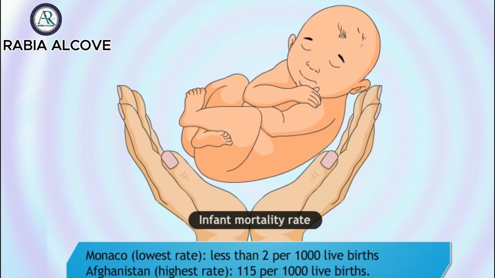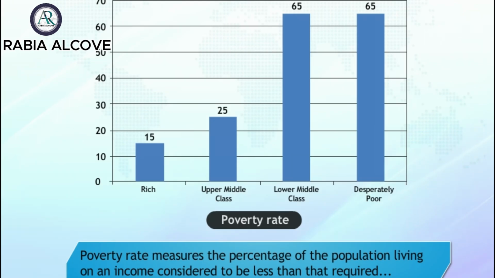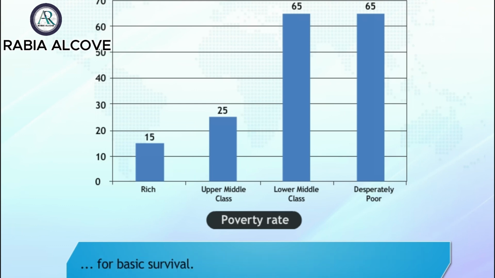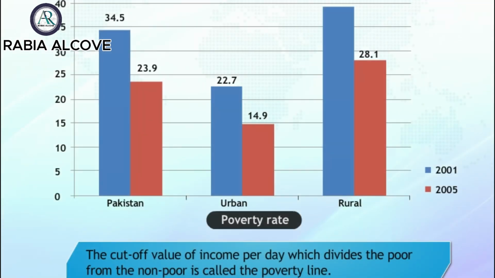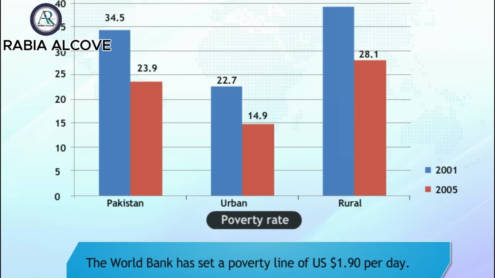Poverty rate measures the percentage of the population living on an income considered to be less than that required for basic survival. The cut-off value of income per day, which divides the poor from the non-poor, is called the poverty line. The World Bank has set a poverty line of 1.9 US dollars per day, which indicates that people earning below this amount are considered to be living in severe poverty.